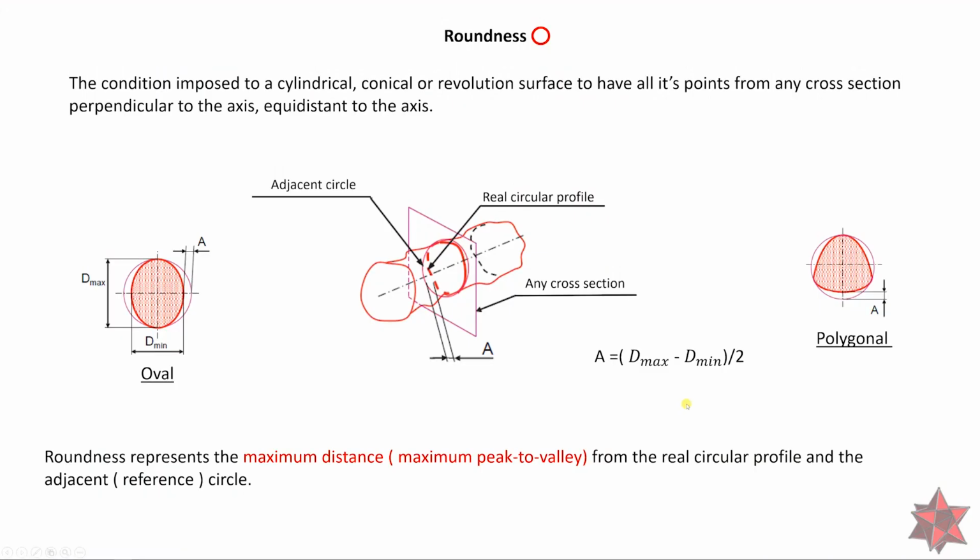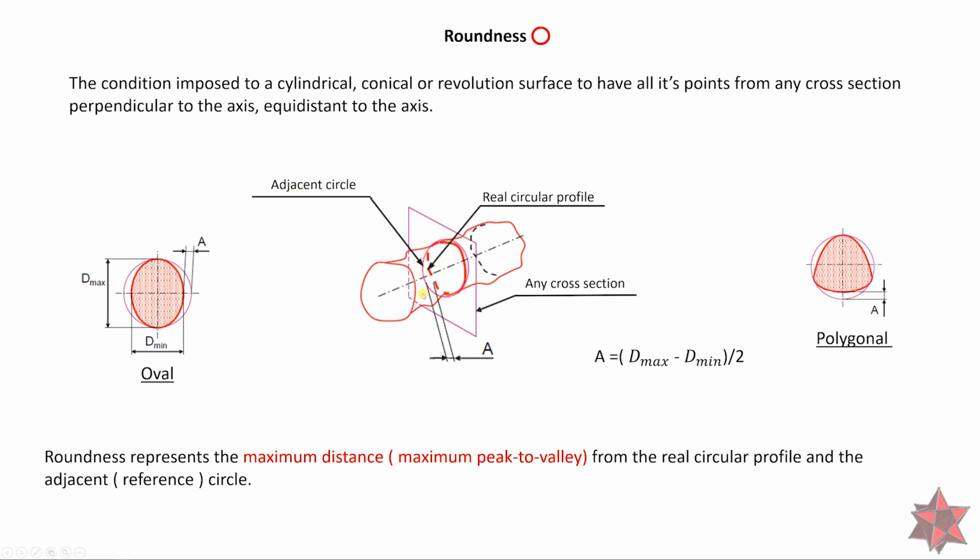Roundness is the condition imposed on a cylindrical, conical or revolution surface to have all its points from any cross-section perpendicular to the axis equidistant to the axis. Here in the cross section, this is any cross section of the cylinder. This is the real circular profile.